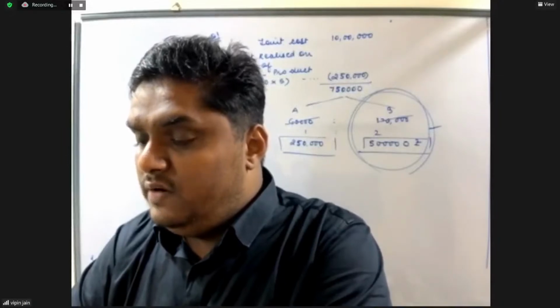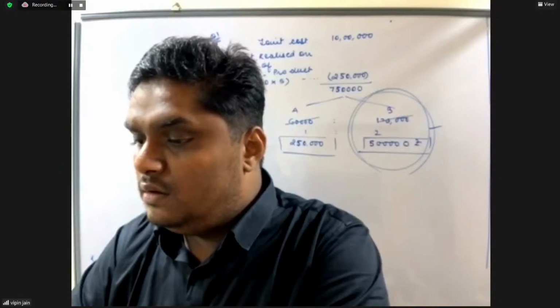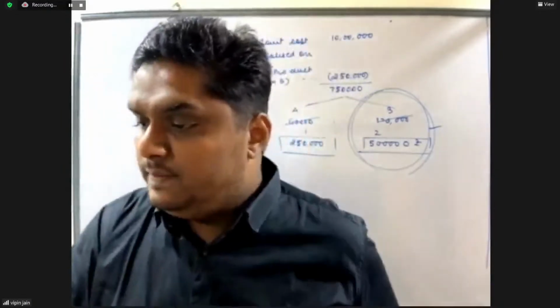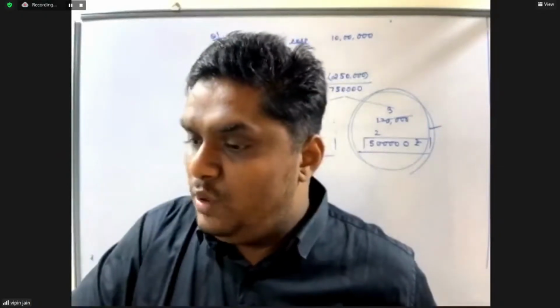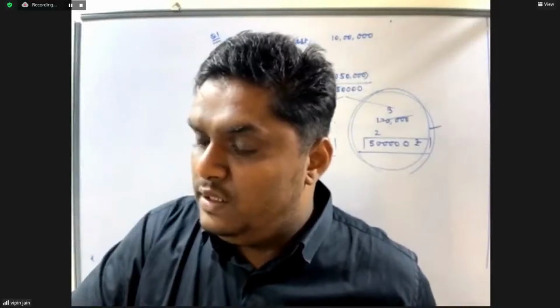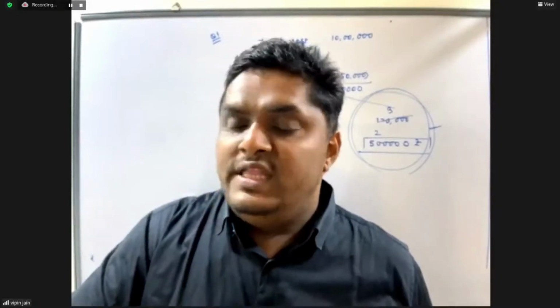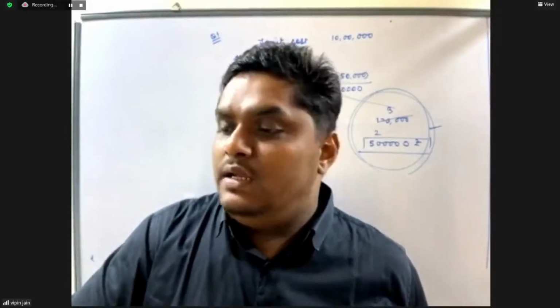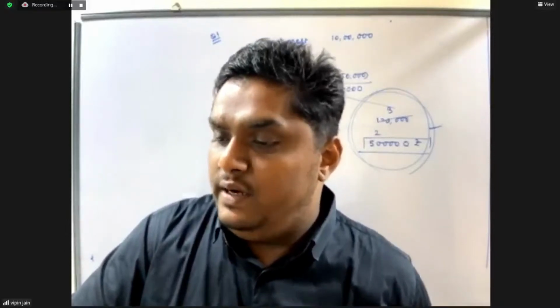Further, conversion cost of 1 lakh was incurred. Sorry, 1 second. Buttery Butter purchased 50 kiloliters. So 1 liter costs rupees 100. So actually they purchased 50,000 liters of cream and the per liter cost is rupees 100.